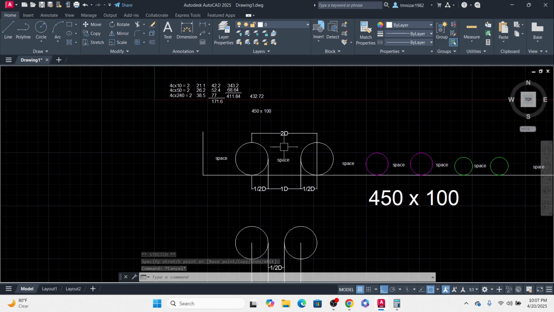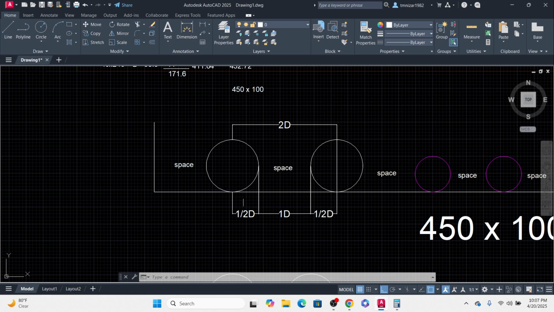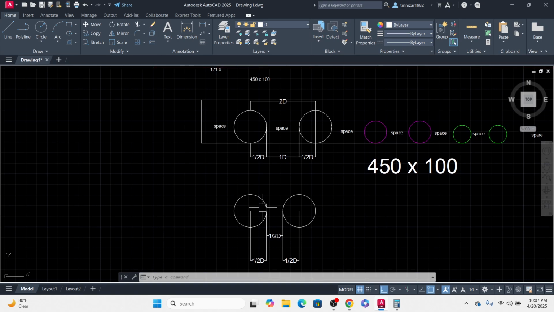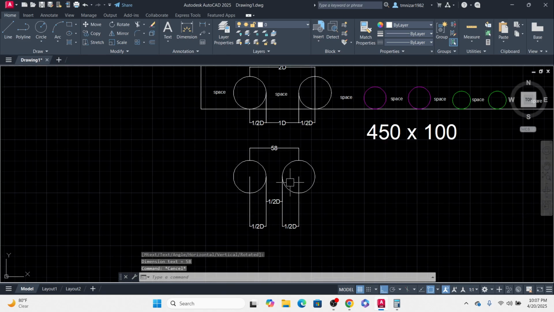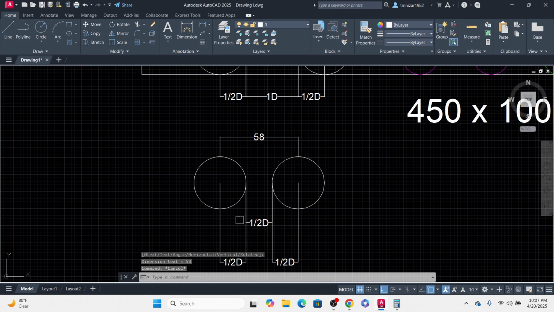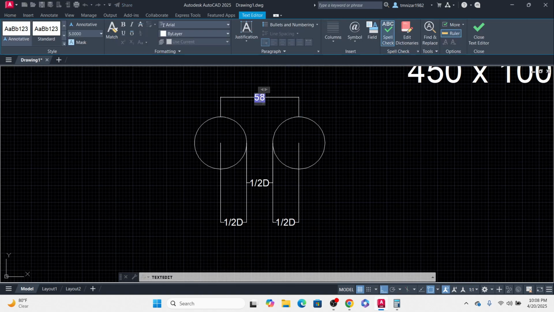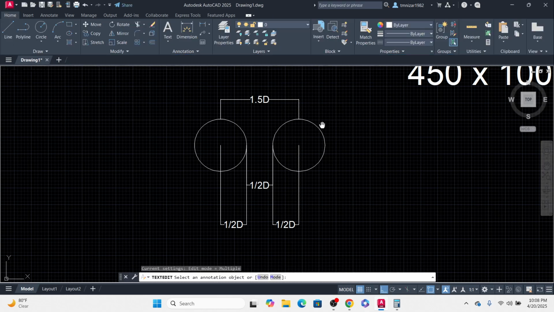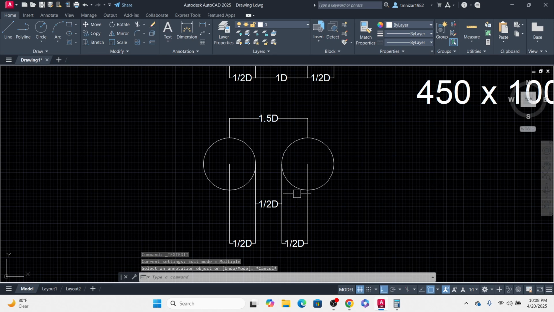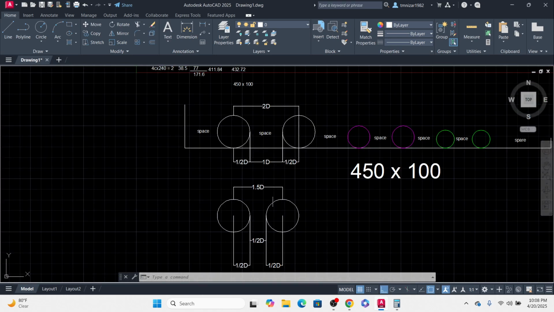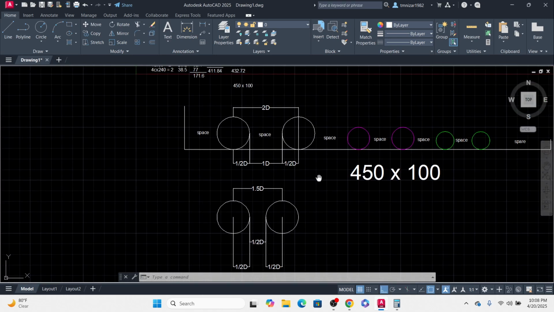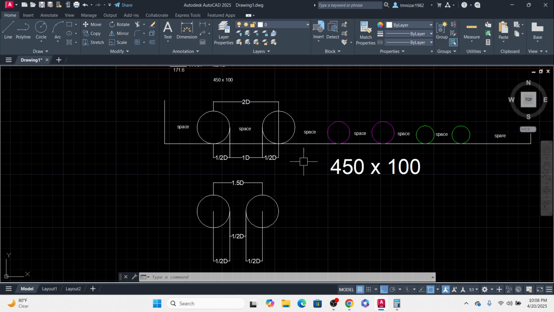This is 2D space. 2D meaning this is 1D, 1 dia space, and half here, that is called 2D. Actually, this is 1.5D, because you are taking the half from here and one half. But normally, some interviewers say half the dia, meaning half dia of the cable tray spacing. It depends.